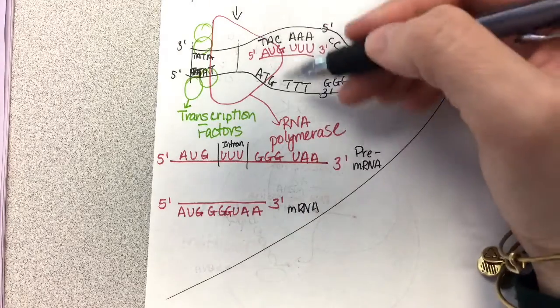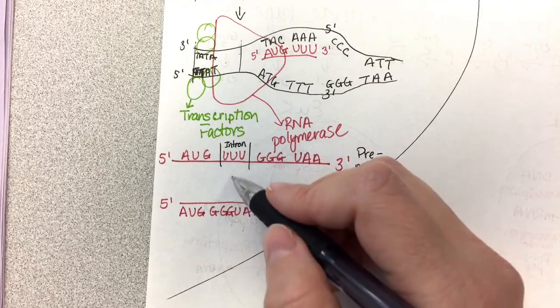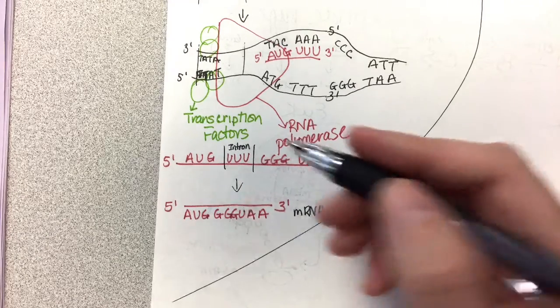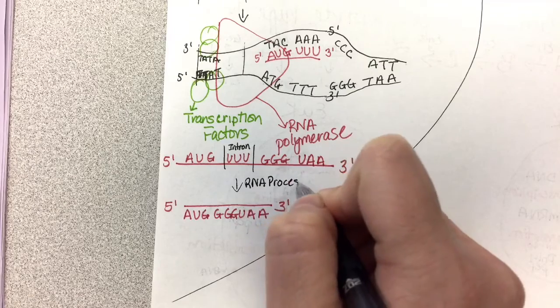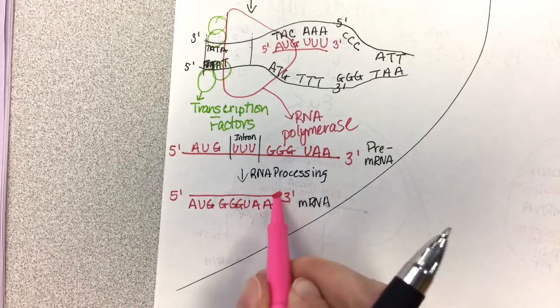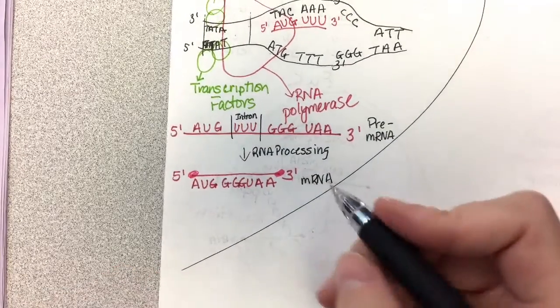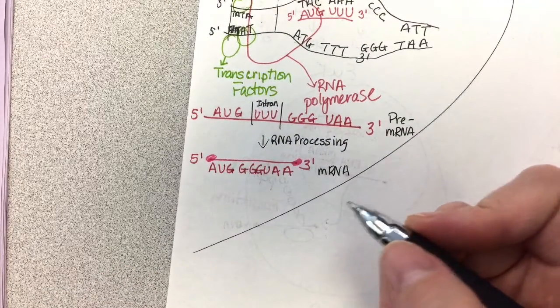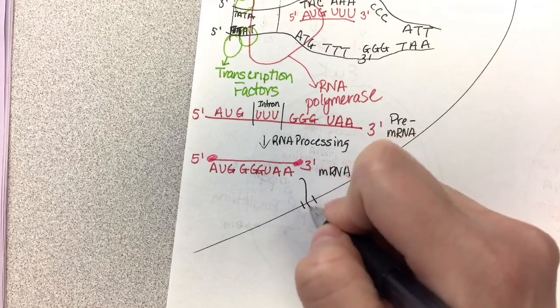All right, so this was the transcription, making the mRNA. This is the processing. And so we can say RNA processing. What's the thing that I haven't added into processing? It's adding your cap and tail. So add the cap and tail on either side, and we're done with processing. So now this will leave the nucleus through a pore.